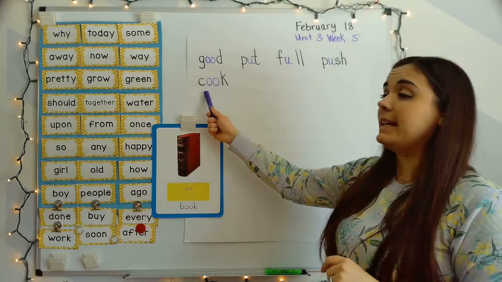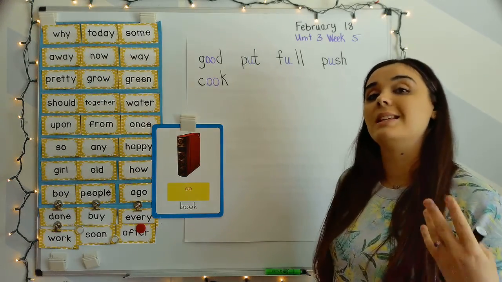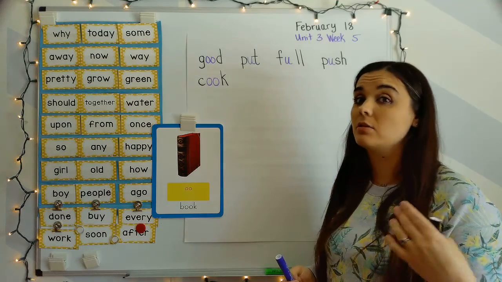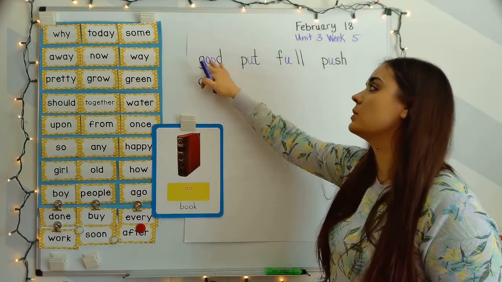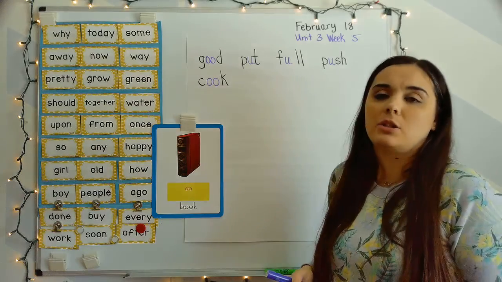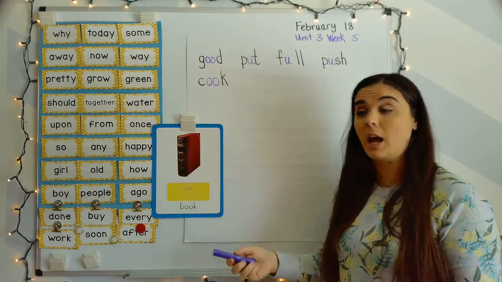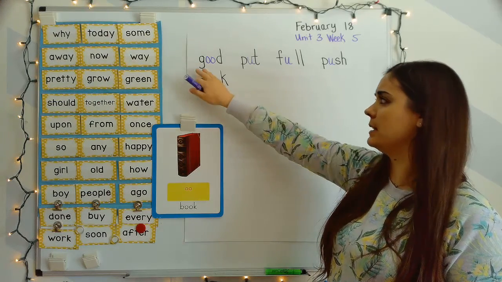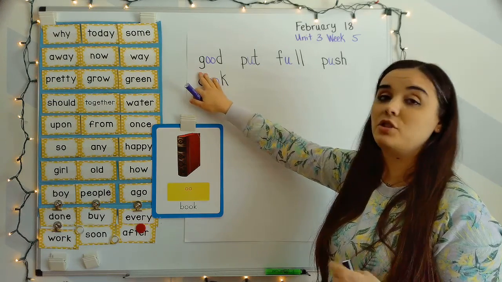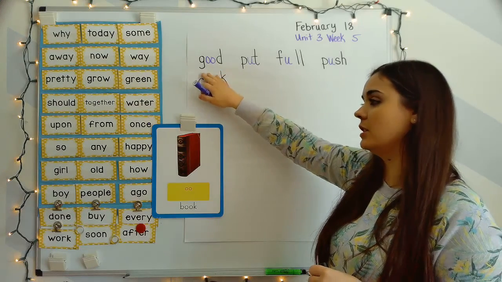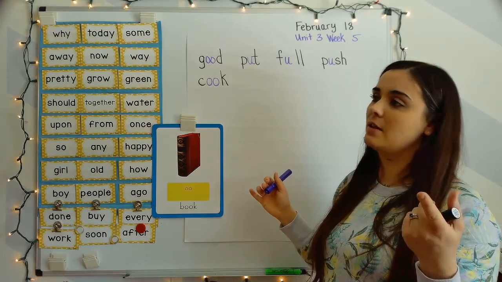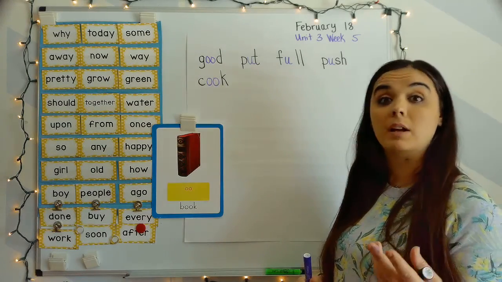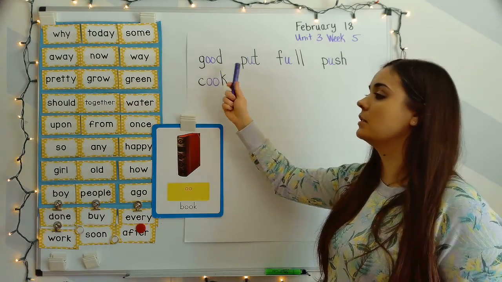So we know that C can also make the soft sound, which is S. And we also know that G can also make the soft sound, ja. So if you were to see these words in a book and you weren't exactly sure what the word was, and you're sounding it out, you could try it on with the different sounds. Like you might say, oh, G, okay, let me try with the soft G. Ja-ud. That doesn't sound like a word that I've heard. It doesn't really match the picture in the book. Let me try it with a hard G, a regular G. Ga-ud, good.